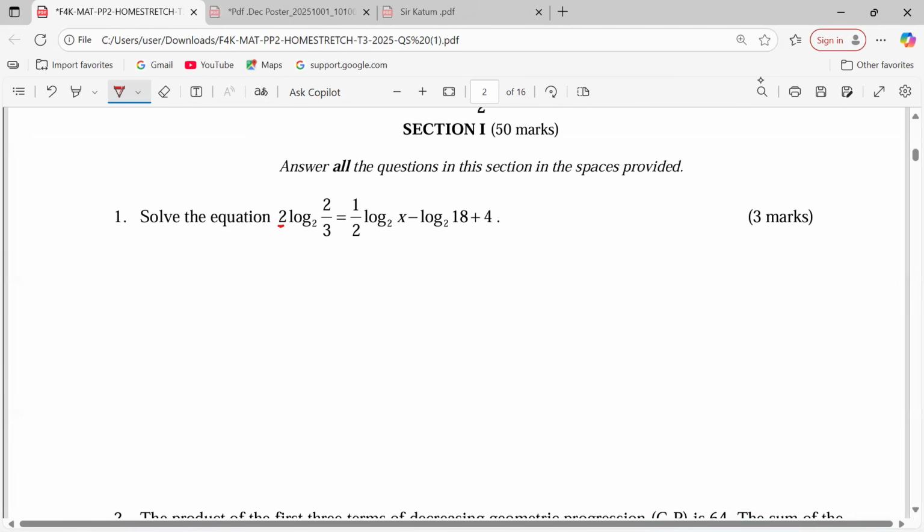From the first statement here, we all know that n multiplied by the log of a is the same as the log of a raised to power n. Yeah, n is the power.